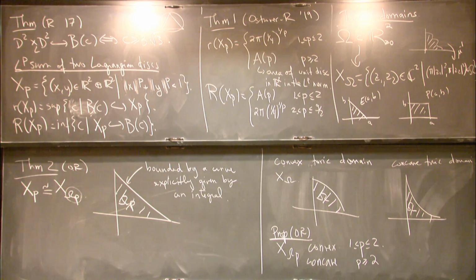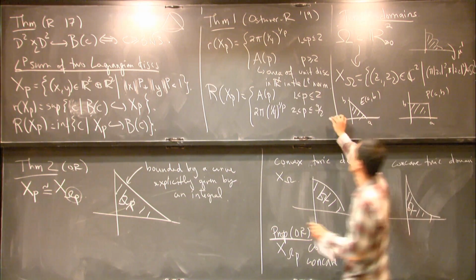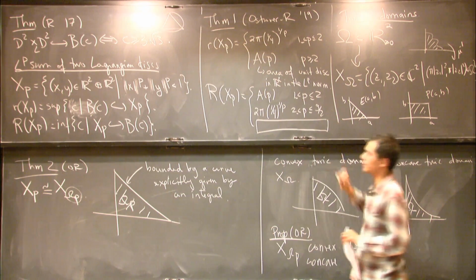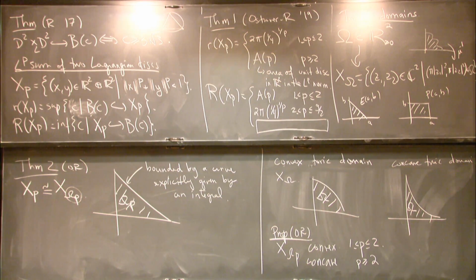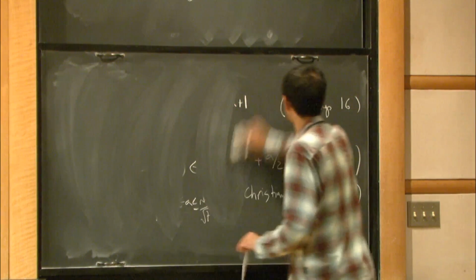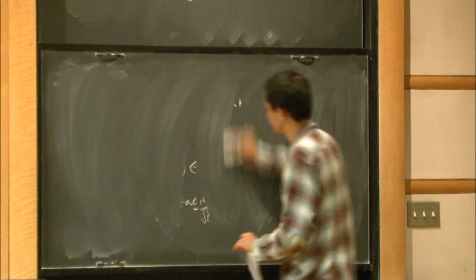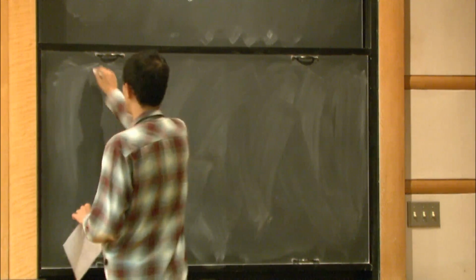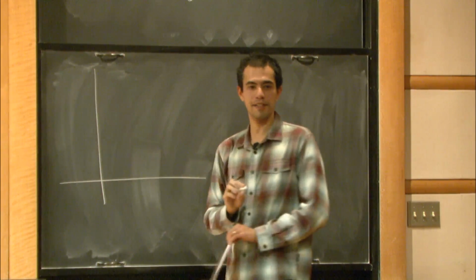But now that I've told you this information, I can actually fill in this last part here, which I think is actually the most interesting part of the theorem, which is what happens for capital R when p is greater than 9/2. So the number that you obtain there is the following. I'm going to just show you in the picture.